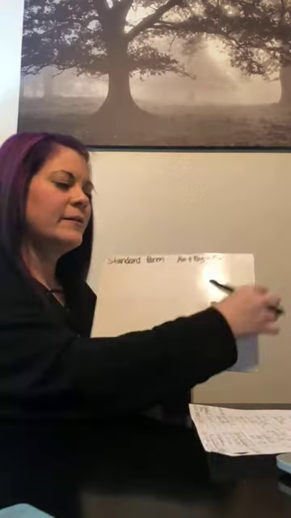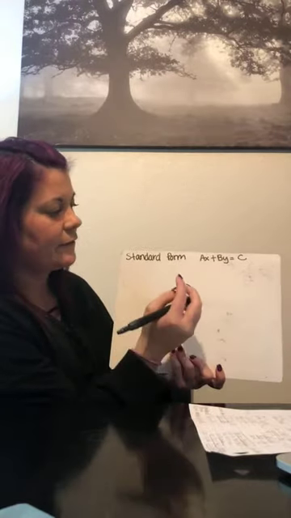Now let's talk about standard form. Standard form is ax plus by equals c. This is probably the form that you will see second most. So slope-intercept is the most popular, then standard form, and then point-slope form. But standard form tells you some things as well.